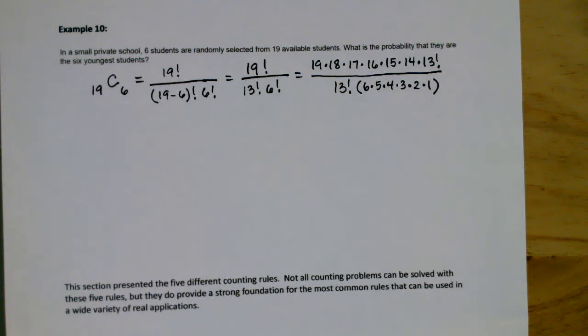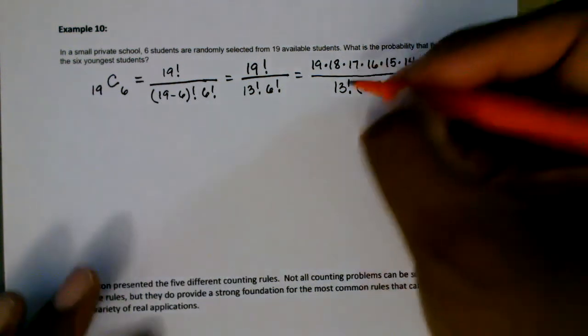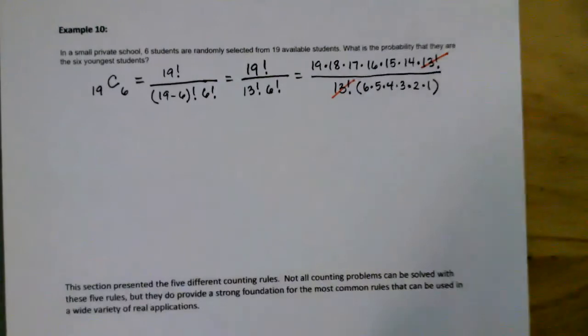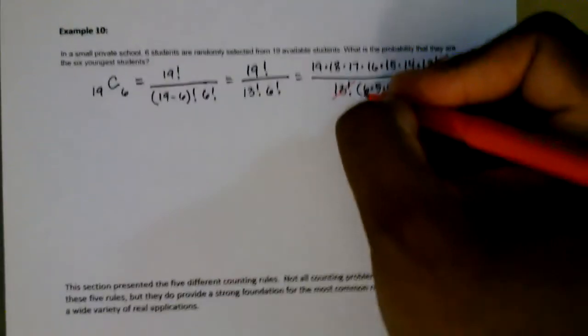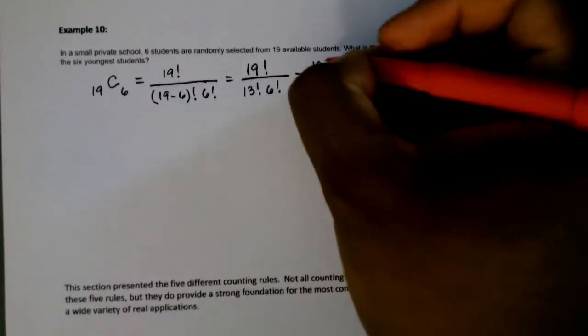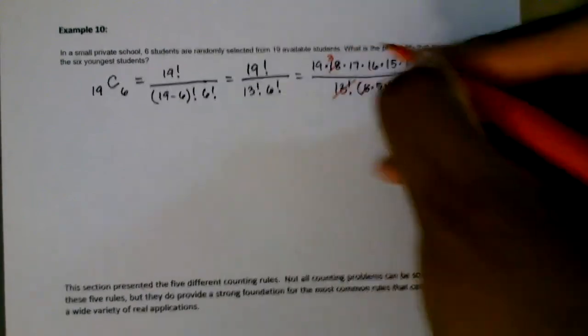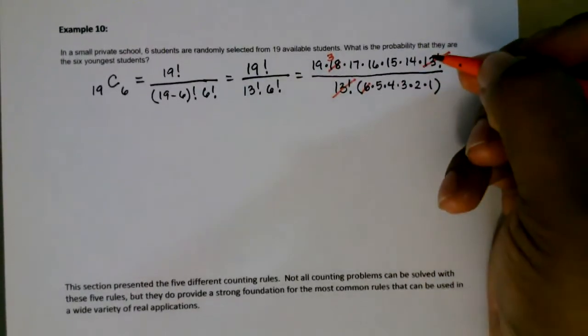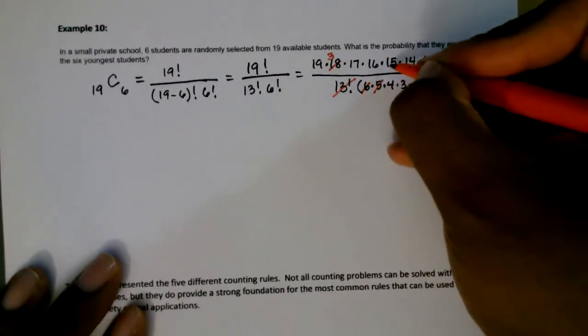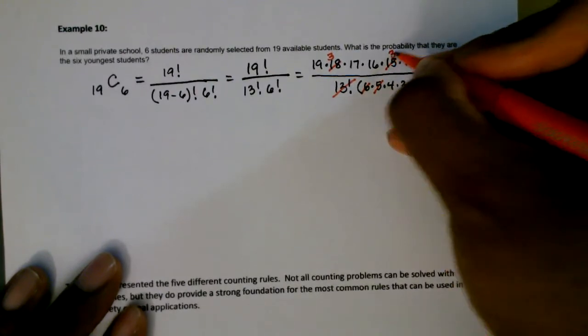And now let's see if we can divide some numbers out. 13 factorial is gone right off the top. I know this 6 goes into this 18 3 times. I know 5 goes into this 15 3 times.